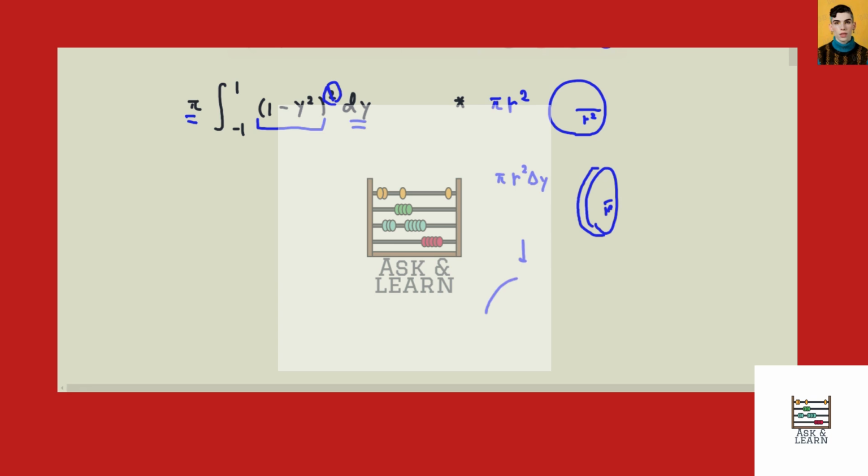So you're probably going to get a shape that looks like this, where you cut through it, it looks like a circle. Each of these thicknesses is dy, and the coordinates start from -1 to 1. That's the basic big picture of what's going on here.